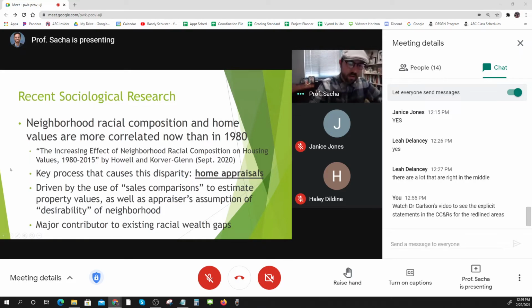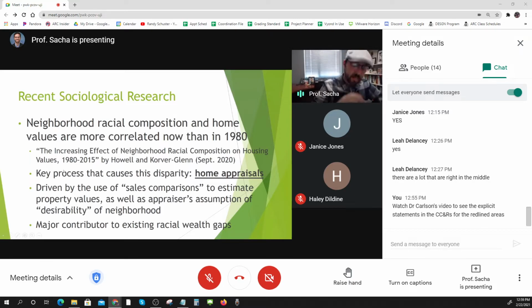They found that neighborhood racial composition was a stronger predictor of average home value in 2015 than it was in 1980. Okay, that the racial composition of your neighborhood, specifically the percentage of white or non-white folks in a neighborhood, was a stronger predictor in 2015 than it was in 1980.